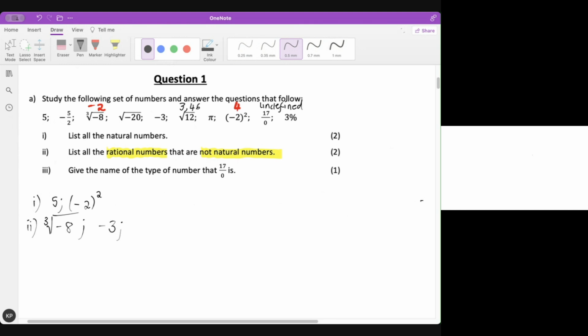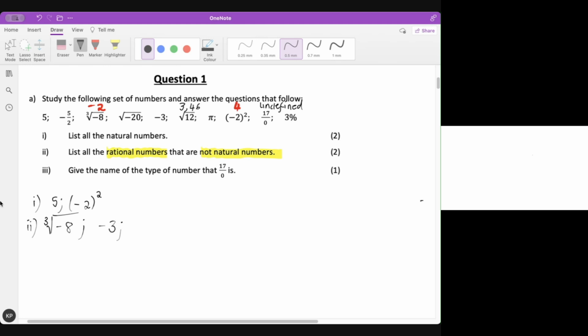Square root of 12? No. Okay, technically you can write it as a fraction. Okay, I'm going to clarify this. You can write it as a fraction, right? It's possible. But when we talk about decimal numbers, when it comes to rationality and irrationality, we either want numbers with no decimals, so whole numbers, or decimals that repeat themselves, which are recurring.